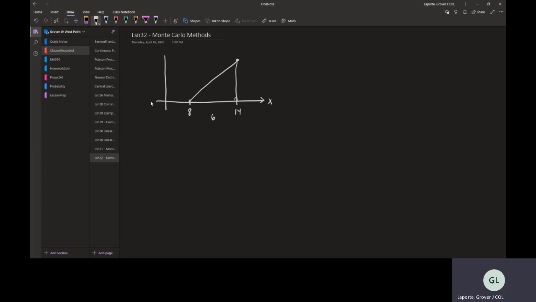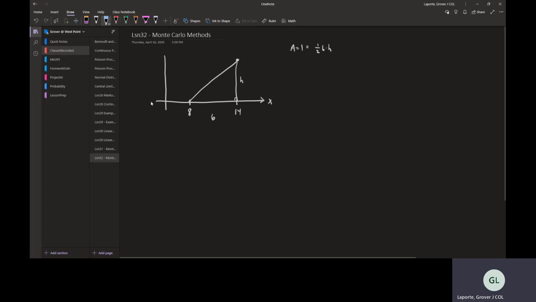The question is, what is my height here? If I know area is definitely going to equal 1, and that's equal to 1/2 base times height, in this case base is 6, and I don't know h. So we can simply solve for h, and it looks like it is going to be 1/3.